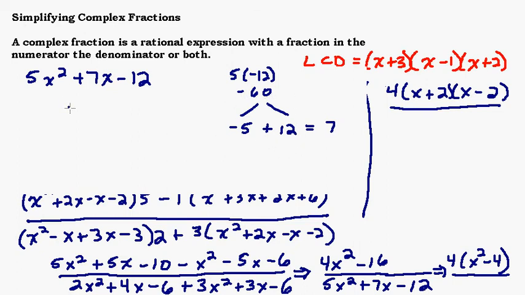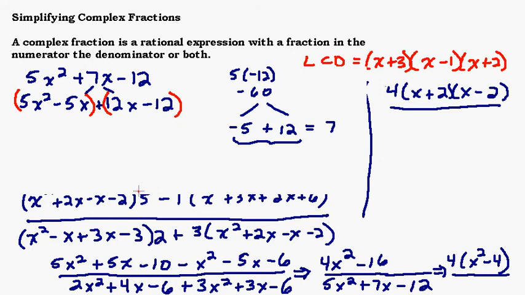So then you take these two numbers and you split apart your middle term. Negative 5x plus 12x minus 12. So see, I split the 7x up into negative 5x plus 12x using these two numbers. And then I factor by grouping. Now again, this whole factoring thing is a whole other skill.